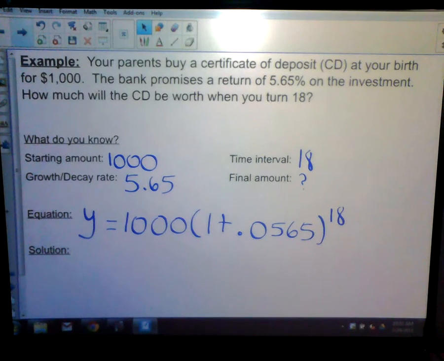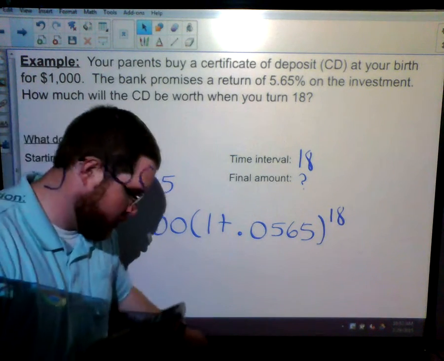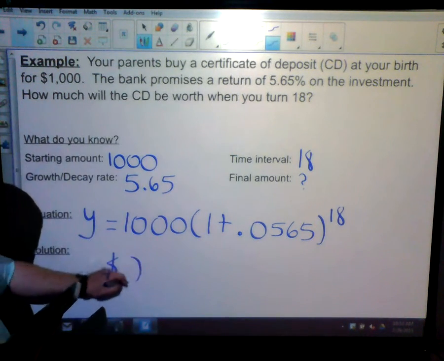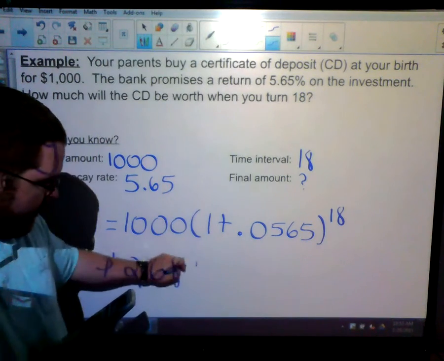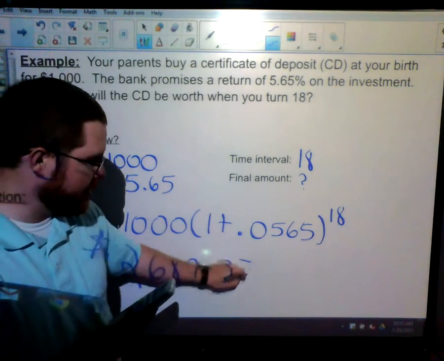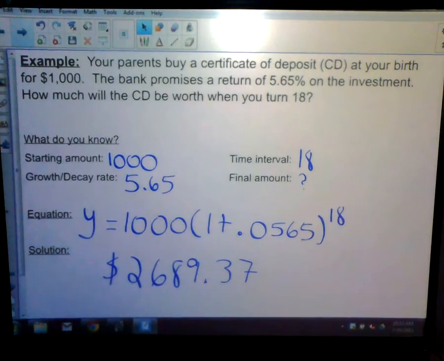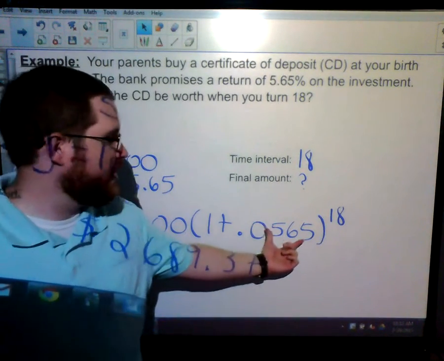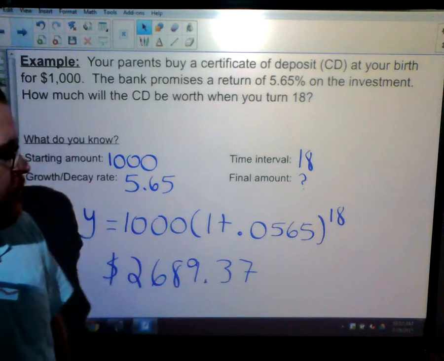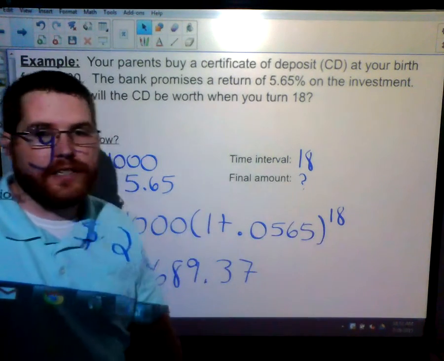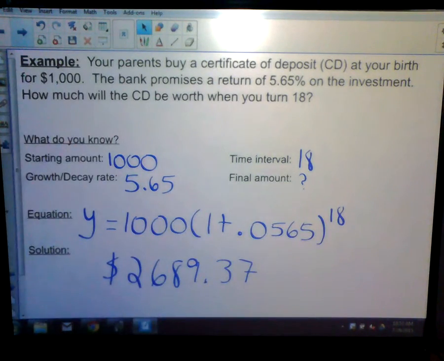I'm just going to plug it in the calculator and tell you the answer is $2,689.37. Start with 1,000. I grow at 5.65%, so that's 0.0565 raised to the 18th for 18 years. $2,689.37.